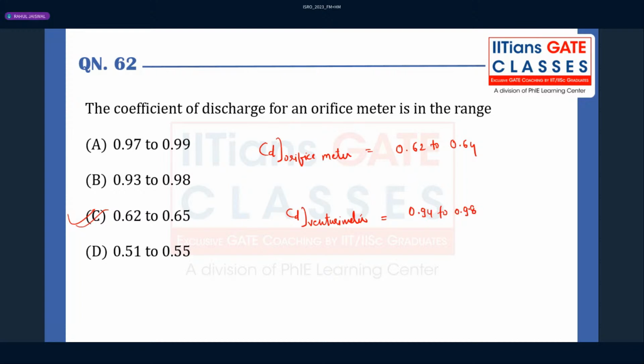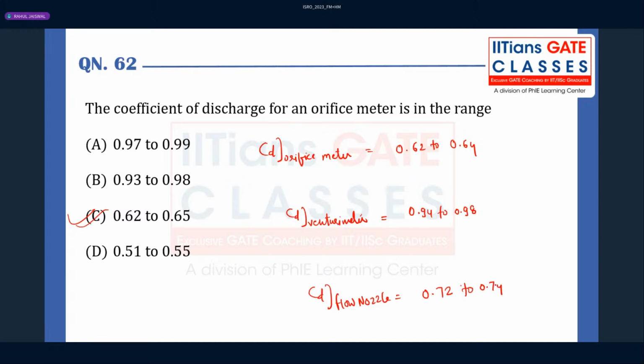Why is there a difference between these two values? Why is such a high difference there between these two? And CD for a flow nozzle is also 0.7 to 0.74.